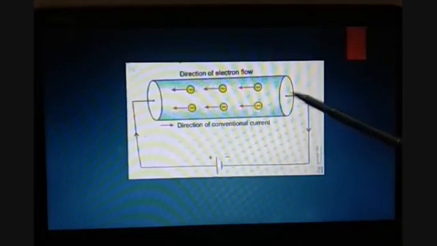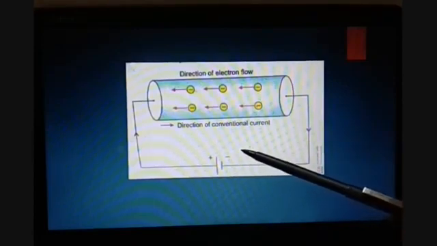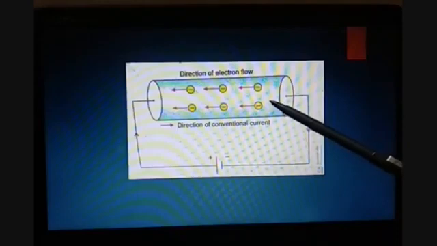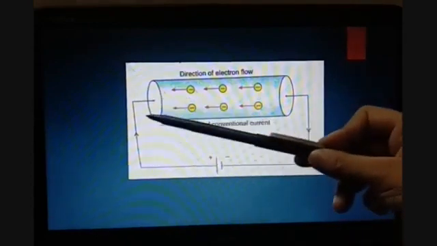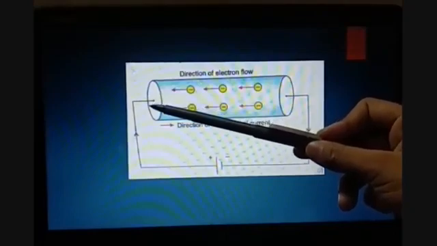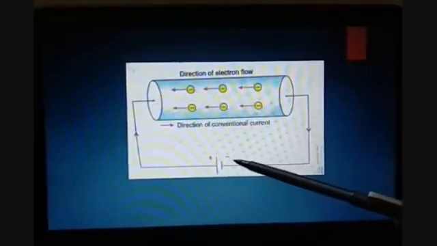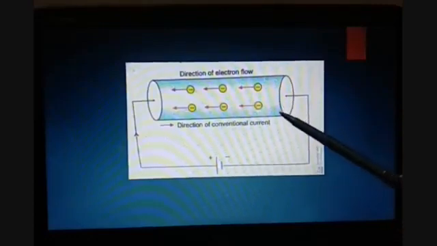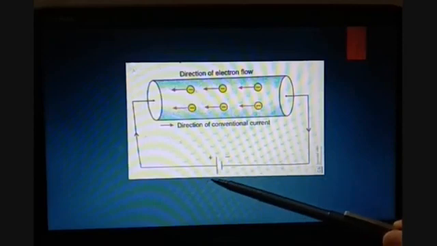The electrons provided by this terminal of the battery will repel the electrons in the conductor, and hence they will move away from this terminal. But this is the positive terminal, which will attract the negative electrons. So the negative terminal is repelling the electrons, and the electrons are getting attracted towards the positive terminal of the battery.